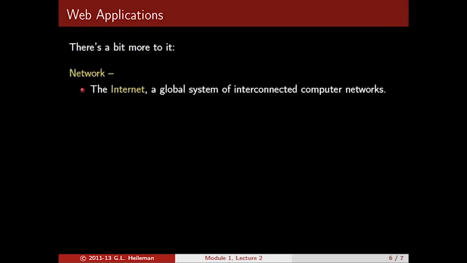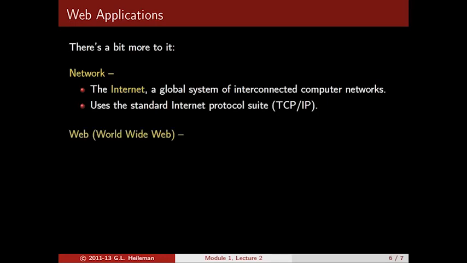Now there's a bit more to this. The network in our case is not just any network, it's the internet. And the internet is a global system of interconnected computer networks that uses the TCP/IP protocol. And when we say web, we mean the World Wide Web, or WWW as you see it often used.